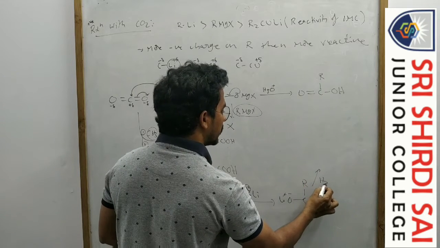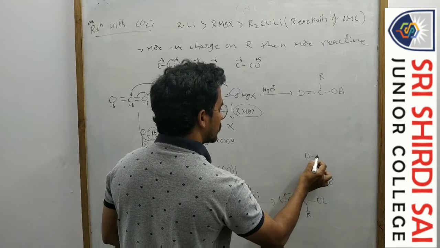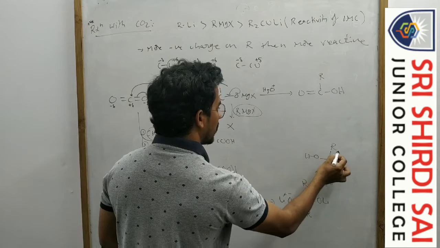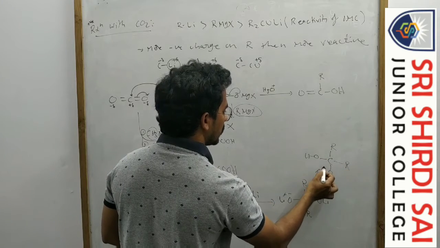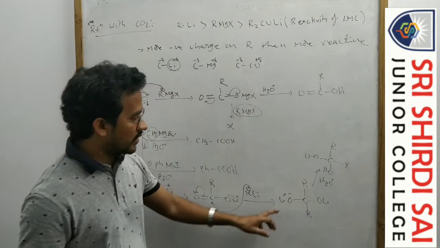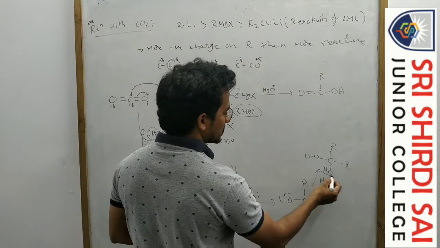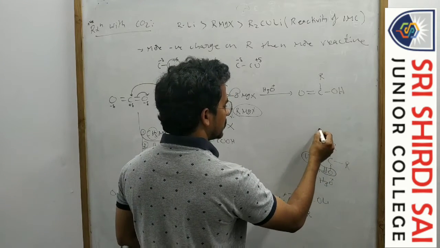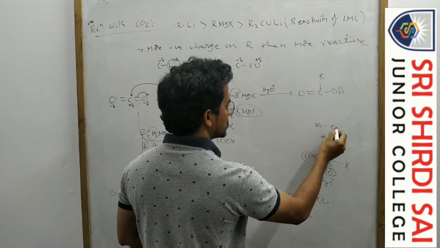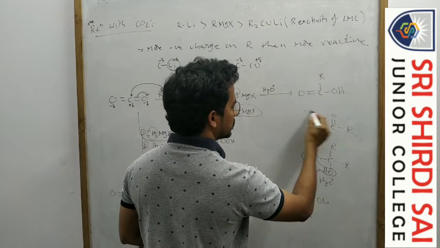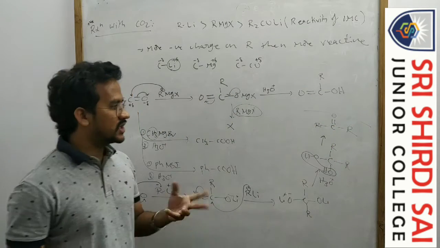Now this on hydrolysis becomes R, R, with two OH groups, a gem diol. Generally gem diols are unstable, so loss of a water molecule takes place, giving RC double bond O. The ketone is the product.